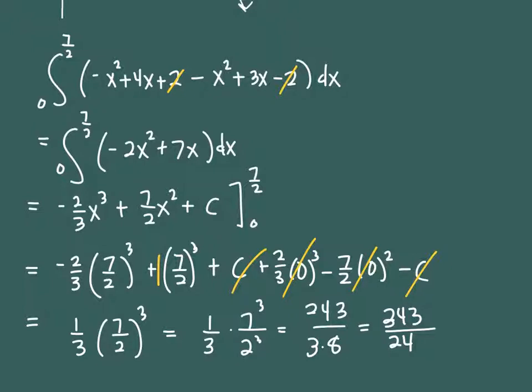Either way, it doesn't reduce because 7, 2, and 3 don't share factors. But I'm fine if you leave it like this without your calculator. All right, any questions about that?